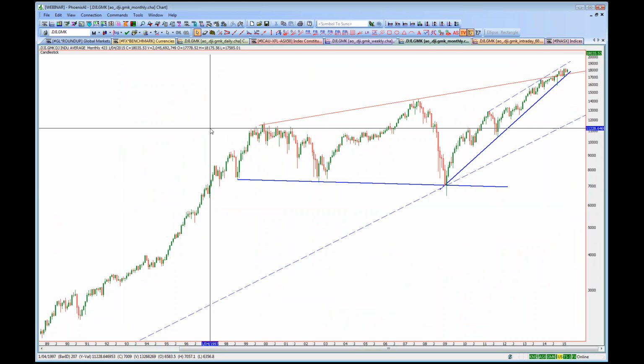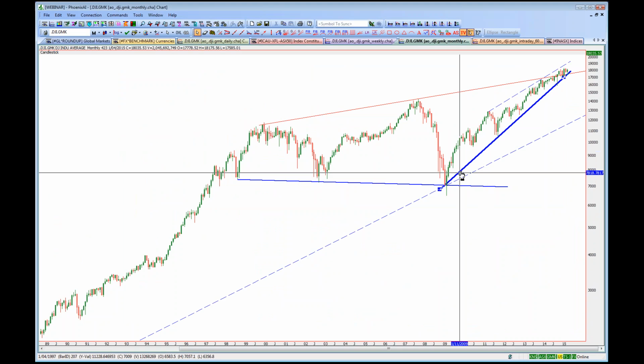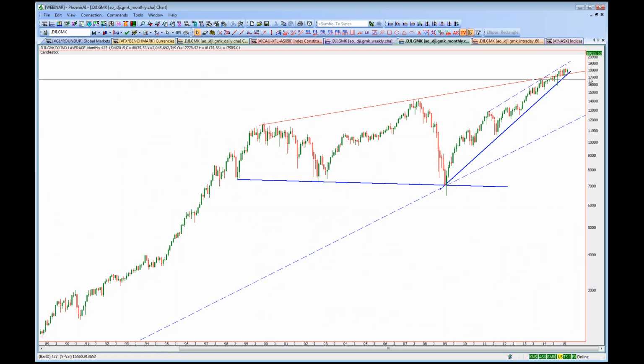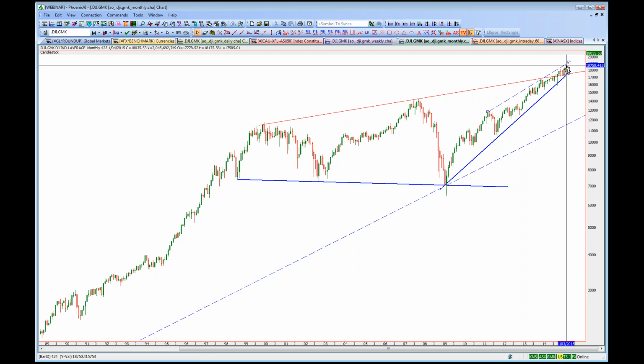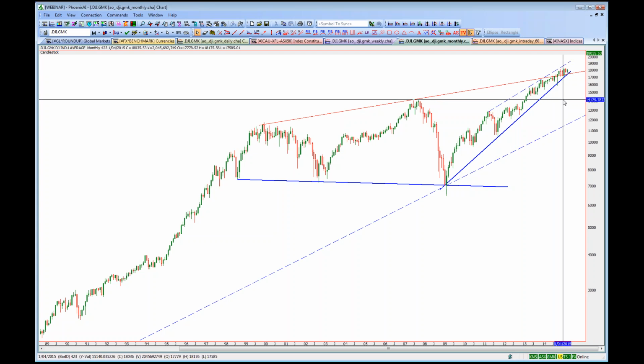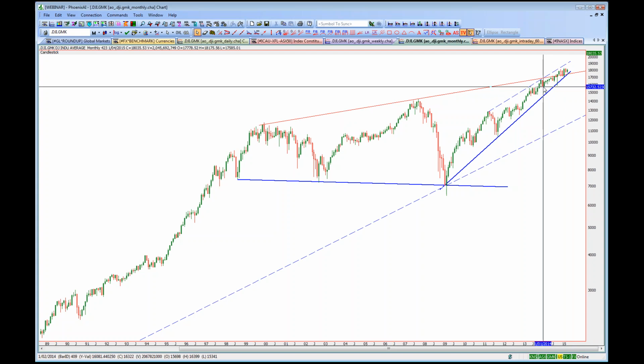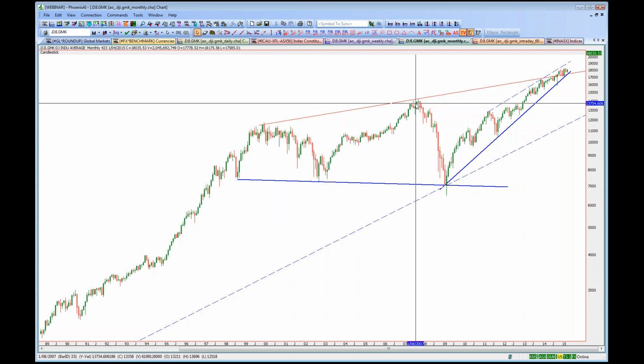Just to recap from previous webinars, what we really see is a huge rising wedge, as we can see by the bottom trend line, the uptrend, and of course the top, the dash line. It's still inside the rising wedge, so it's really still in an uptrend. We can't really say much more than that.